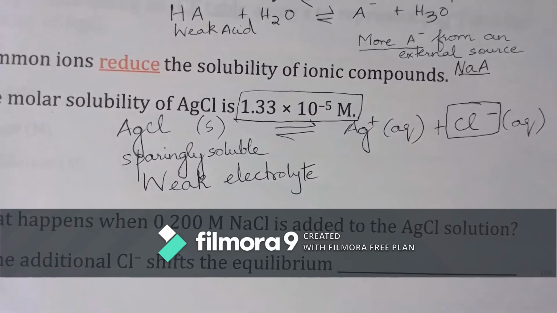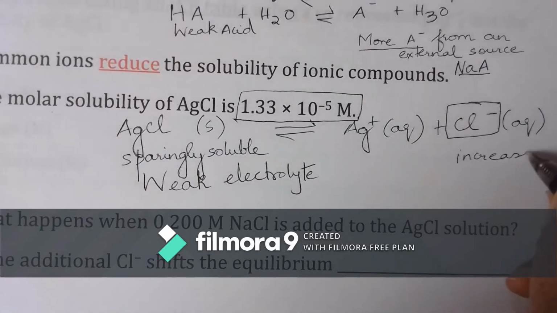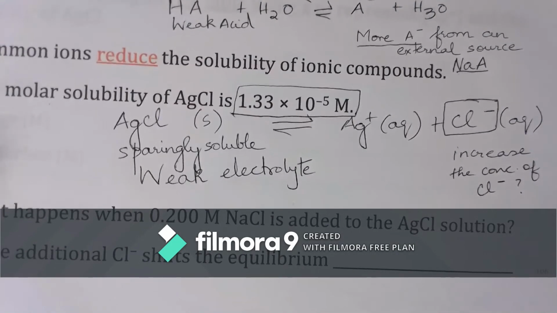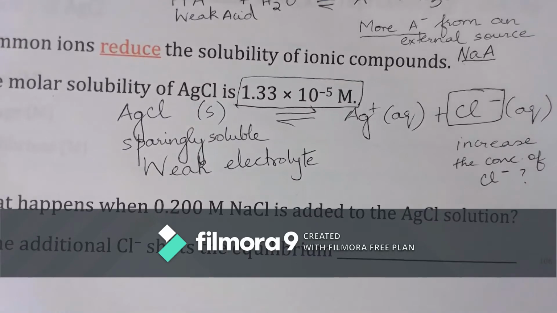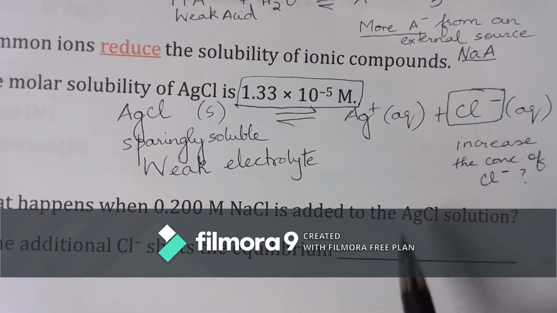Now how are you increasing the concentration of Cl minus? You want to increase the concentration of one of the ions. They picked Cl minus, so how are you going to do that?